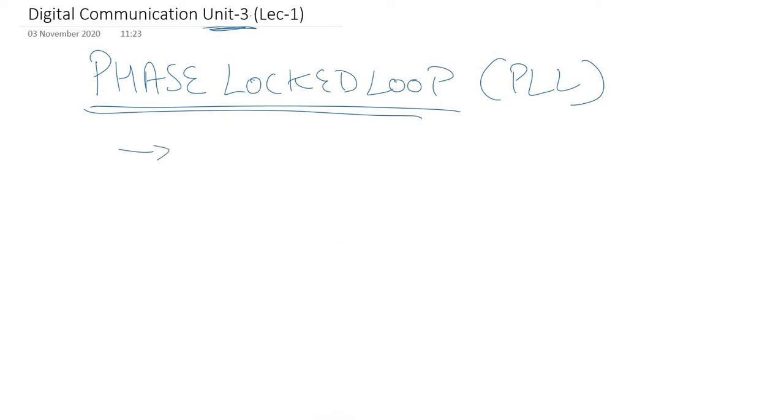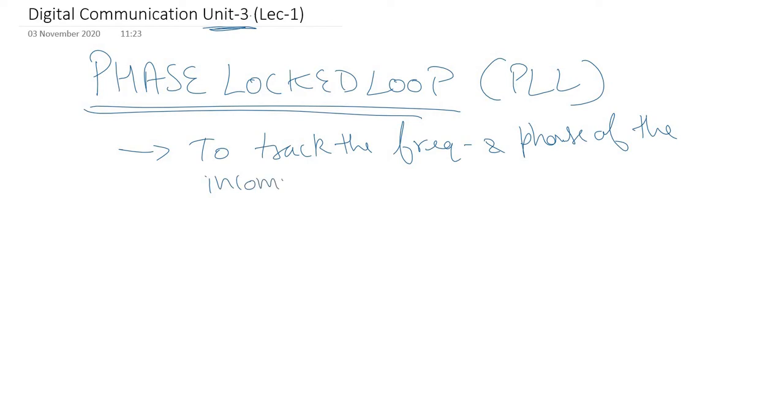The major application of PLL is to track the frequency and phase of the incoming signal, mostly the carrier signal, to have its application in the demodulation process. So it is therefore a very useful device for synchronous demodulation.